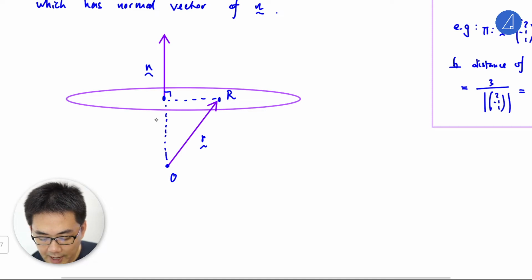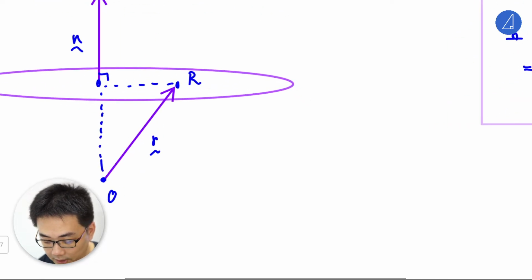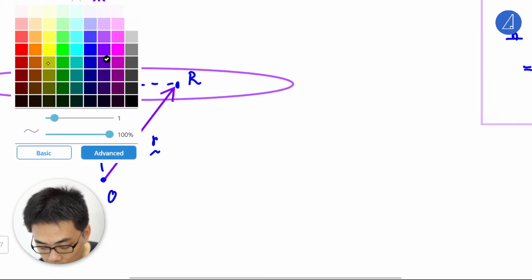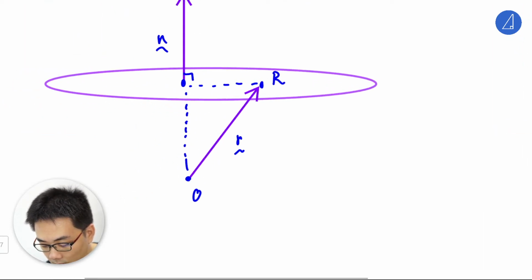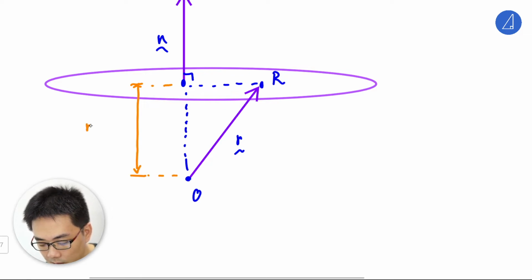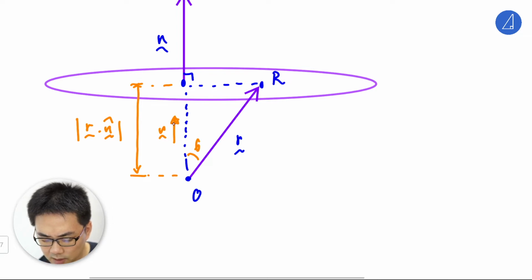Do you see that by using the magic triangle, this is r, because this is n, and this is theta. This is r dot n unit vector, just cosine.